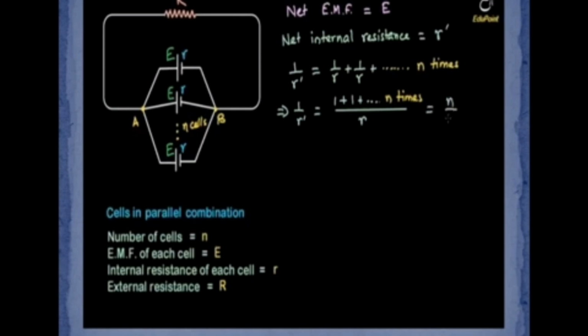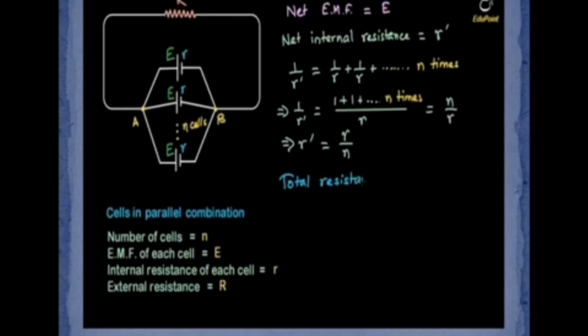Then the total resistance for n number of cells, each with resistance r, gives 1 by r dash equal to n by r, or r dash equal to r by n. We are taking the reciprocal on both sides. That's why r dash equals r by n.